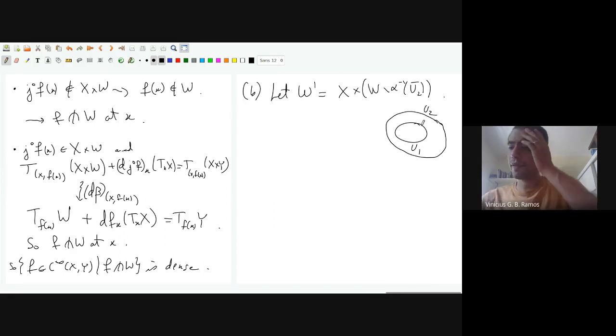Oh, I think I'm flipping them. No, that's right. I want it to be transverse outside of U2, and I want it to be equal in U1.